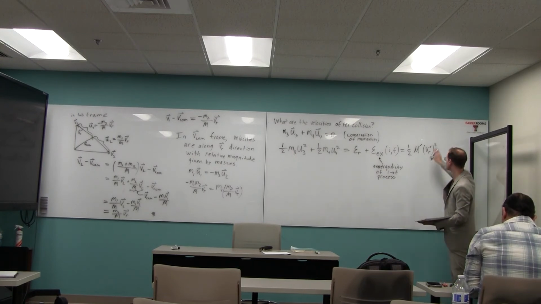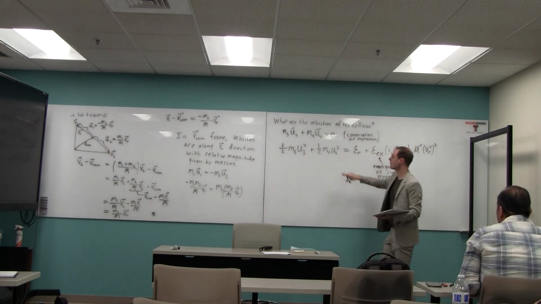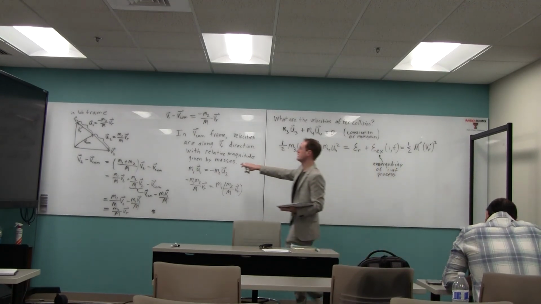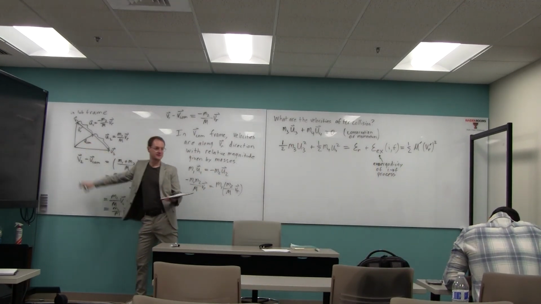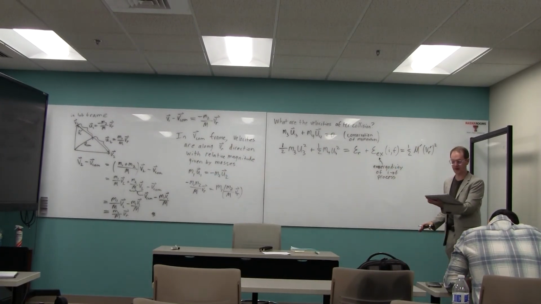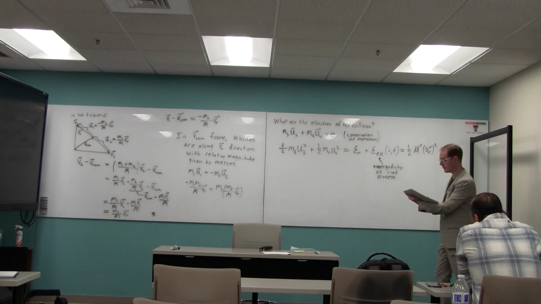So we could draw vectors for V3 and V4, just like we did with V1 and V2 over here, right? And if we then ask ourselves, okay, what are the center of mass components of V3 and V4?